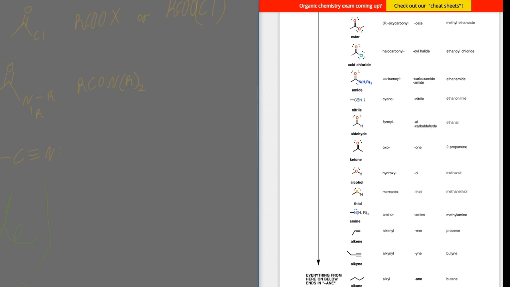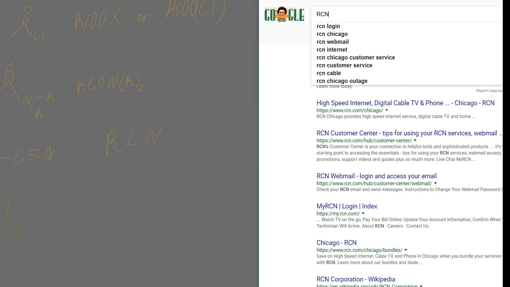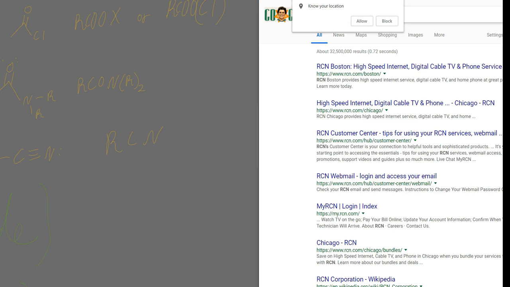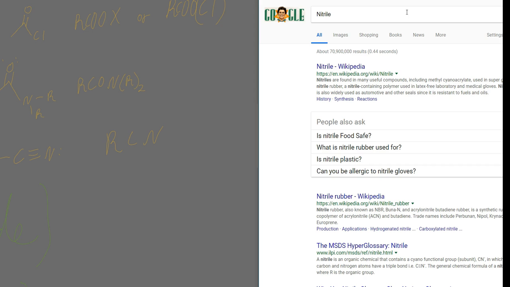I'm not sure how to put that into the R. This would be like RCN, probably. But then you just need to note that it's... I'm not sure if that's something that's written. Let me check. RCN. Nitrile.